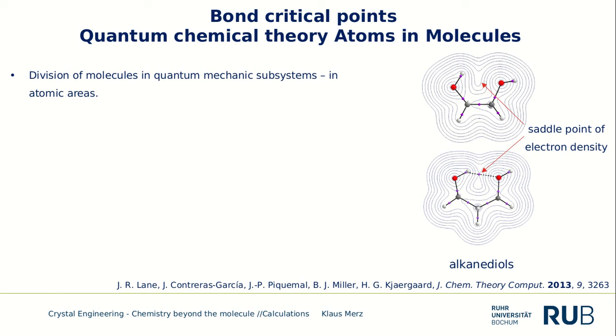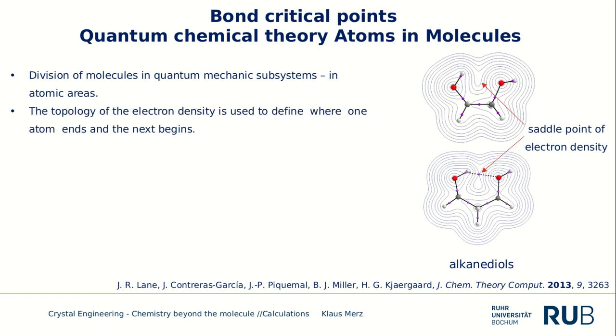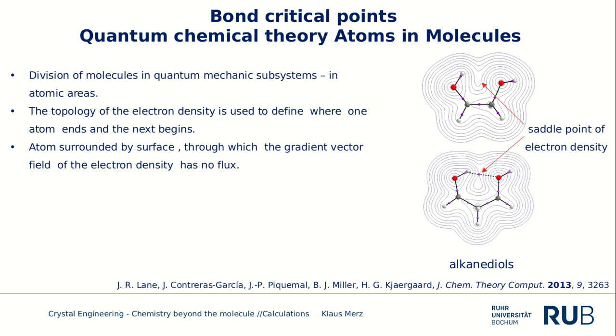First of all, we start with a crystal structure and divide the molecules into quantum mechanical subsystems, atomic areas. Then we look at the electron density and its topology, and we look where the density starts and ends, and where the next electron density begins. You see the lines very nicely here. Each atom is surrounded by a surface through which the gradient vector field of the electron density has no flux.